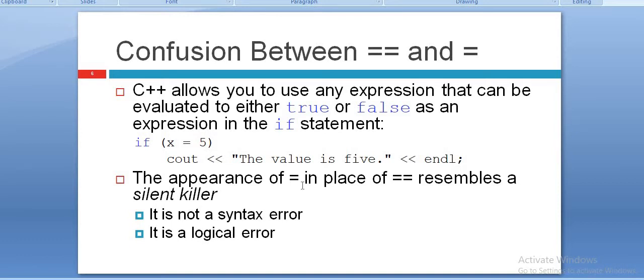The appearance of single equal in place of double equal resembles a silent killer. As I told you, it fixes the exact value, and this is the assignment operator. So this is not a syntax error, rather it is a logical error. The compiler will not help you to find out this equal sign or assignment sign.